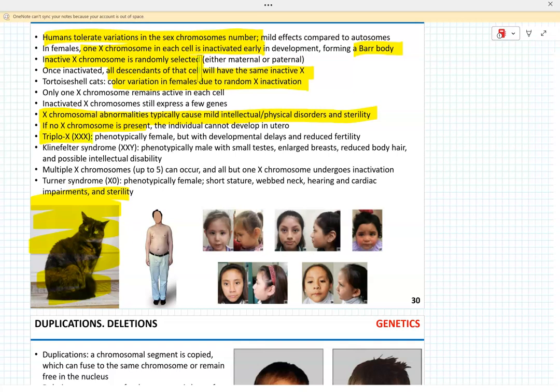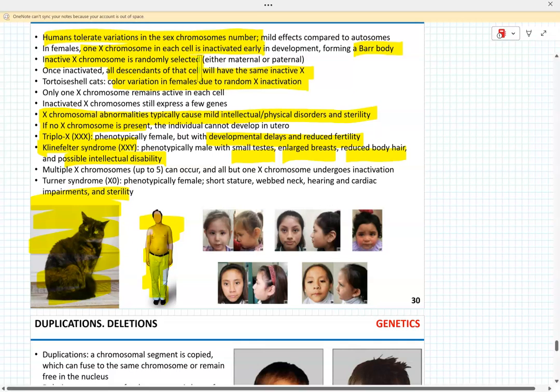Triplo-X individuals are phenotypically female, but they usually have developmental delays and reduced fertility. Klinefelter syndrome, shown here, is phenotypically male. However, the testis is small, the breasts are enlarged, body hair is reduced, and there is possible intellectual disability. Many conditions may result in multiple X chromosomes, up to 5.